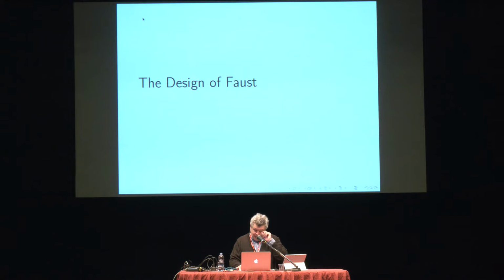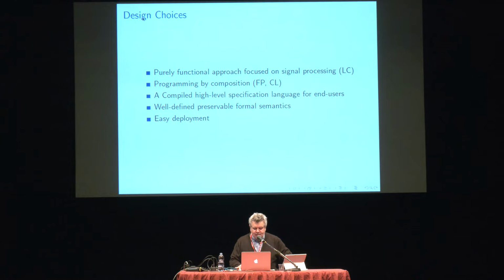Okay, let's go back to the slides and give you an overview of the design choices for Faust. So Faust is based on a purely functional approach to signal processing. There are basically two kinds of computer programming, functional programming and imperative programming.